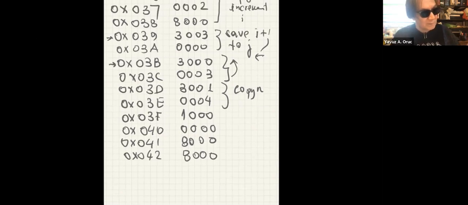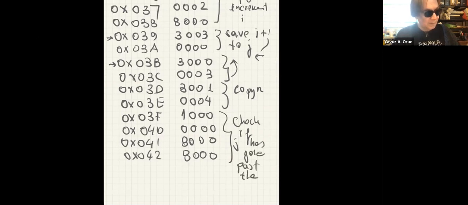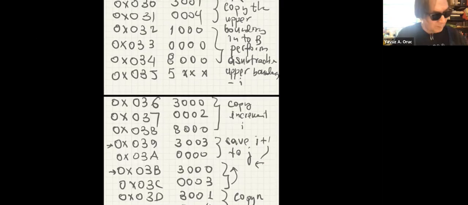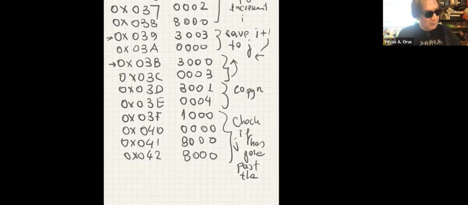So all of this checks if J has gone past the upper boundary of the array.